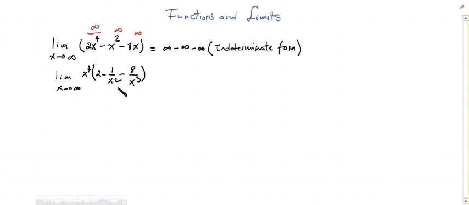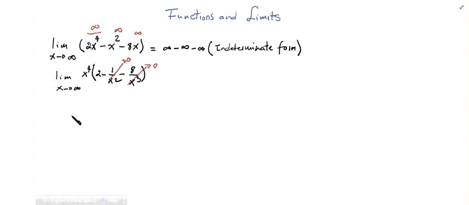Now when x tends to infinity, x to the power 2 is still a large number, so it is infinity. And when we have a real number over infinity, of course it tends to 0. So this tends to 0, and that one also tends to 0.